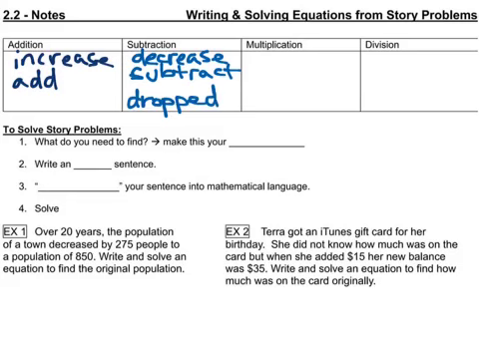All right. On to multiplication. We have times, which is probably the most common one. If you see multiplied, sometimes it'll even say that, multiply.